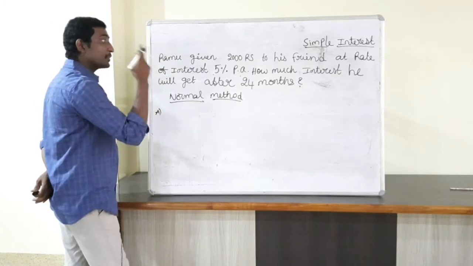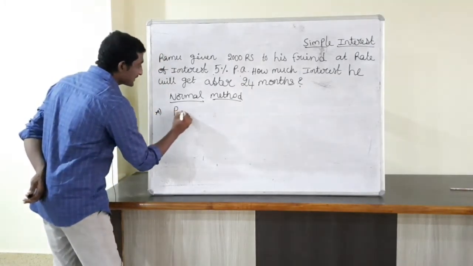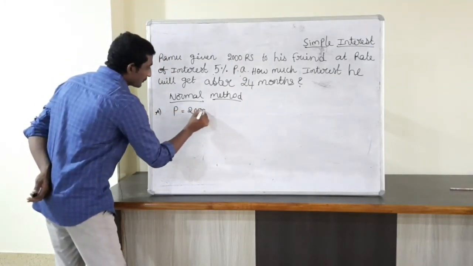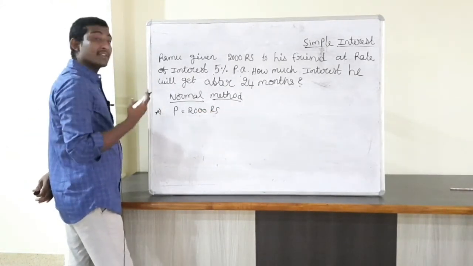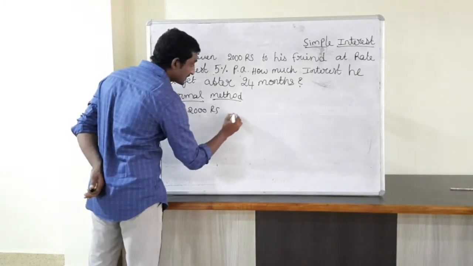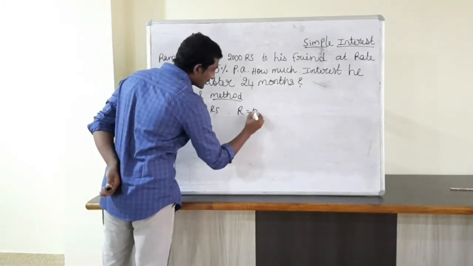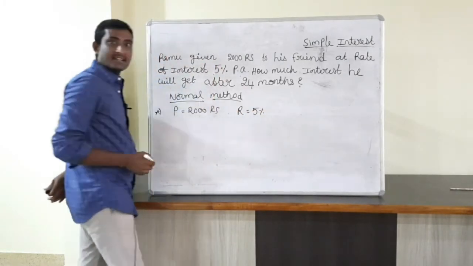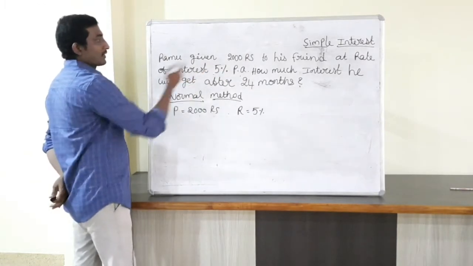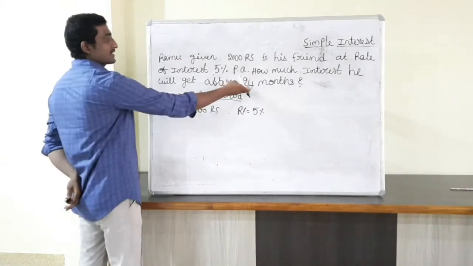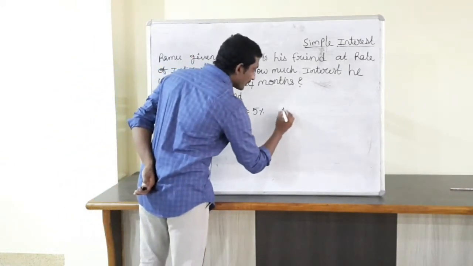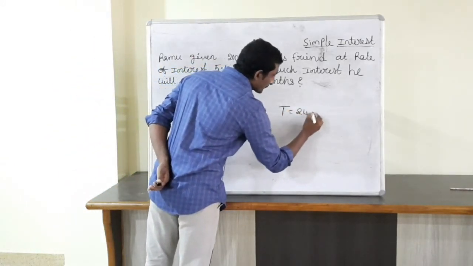So Ramu gave 2000 rupees. Here principal is 2000 rupees, at rate of interest, represented as R, how much? 5%. Next, time. Here time is given. How much? 24 months.